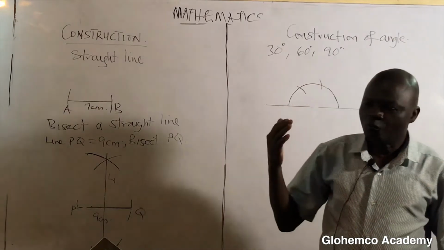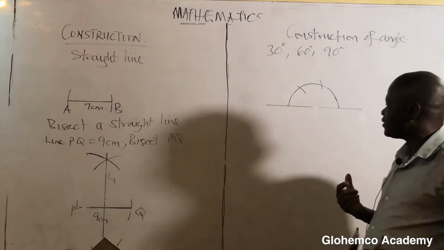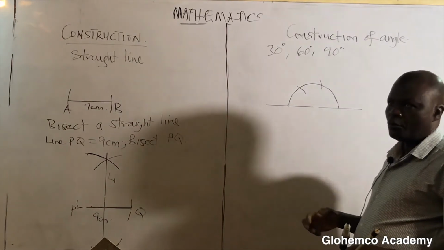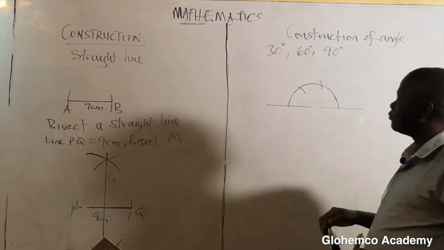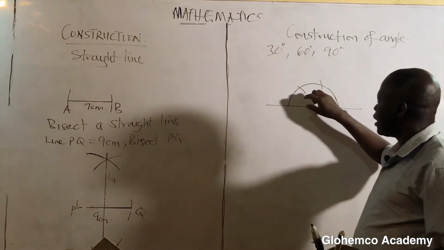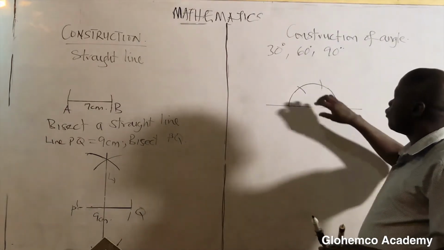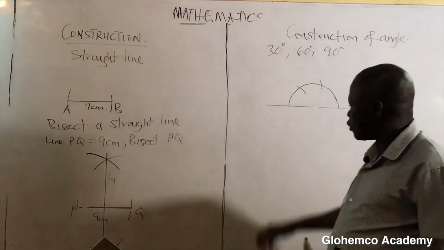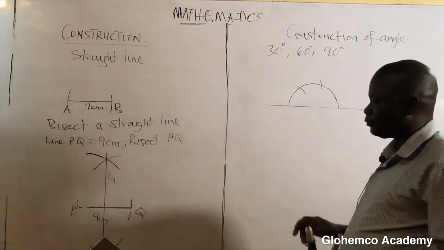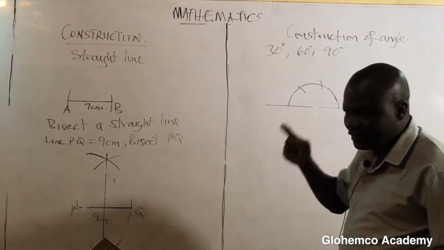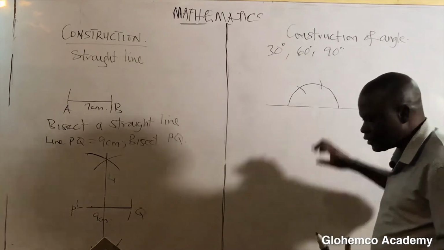And one thing that's supposed to come to your mind is this. When we talk of semicircle, what is the sum of angles in a semicircle? The sum of angles in a semicircle will be equal to 180 degree, because it's half of a circle.